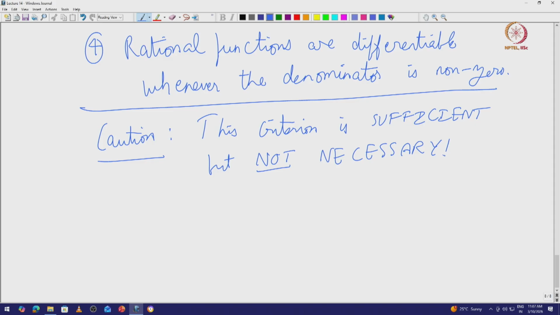Indeed, here's a counterexample. A very standard counterexample. This function is certainly differentiable at x equals 0. But the question is whether the derivative is continuous, and I'll leave it to you as an exercise to check that it is not continuous.